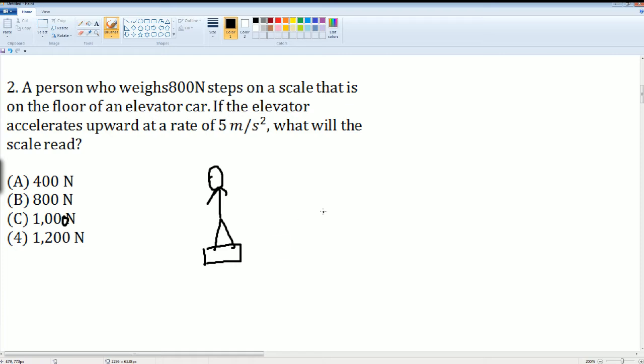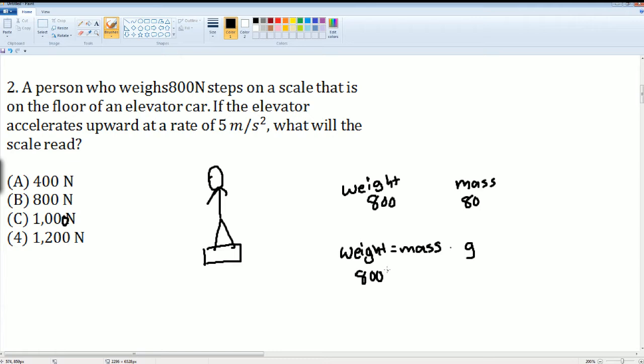Okay, so that means if it's 800 newtons, this is the weight. The mass would be 80. Why? Because the force of weight is equal to the mass times g. The weight was 800, the mass was your unknown, gravity is 10.